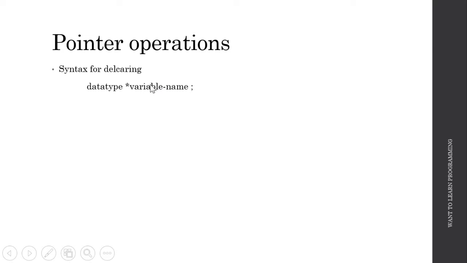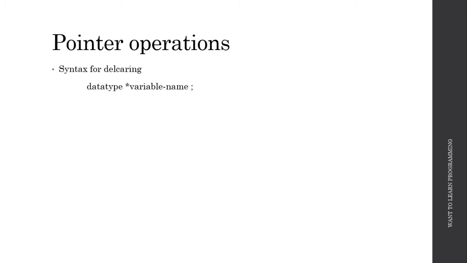If we want the pointer to point to a character, then it will be char star variable name. But whether it is an int star or a char star variable, they might be pointing to different data types, but the data type of the pointer itself is the same. That is, it is a number.